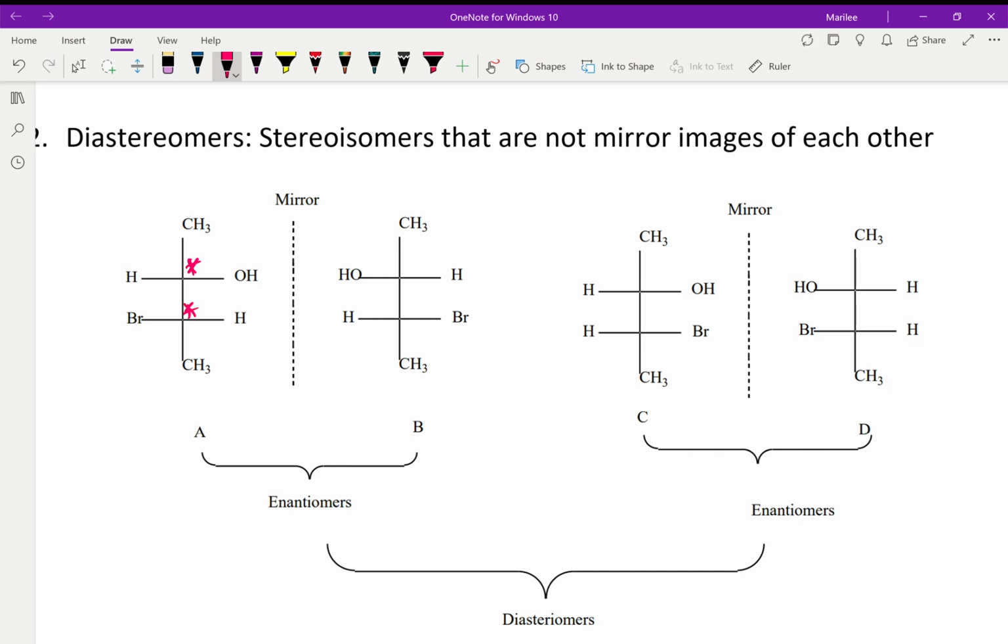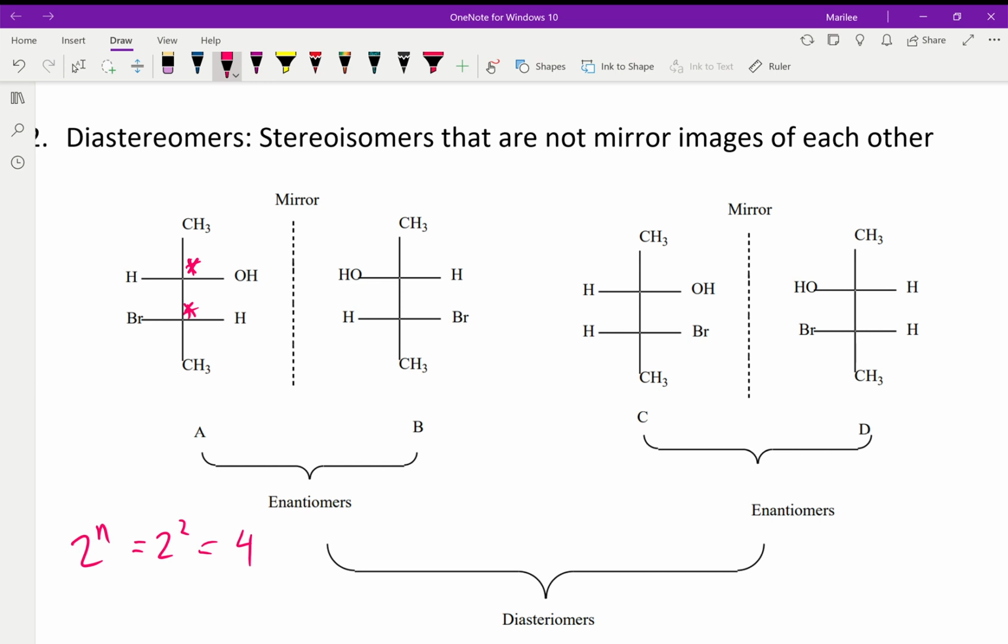If we do our equation 2 to the power of n, which is 2 to the power of 2, that gives us four stereoisomers, right? That's where we get our A, B, C, and D. So we have 4 stereoisomers. That means we can have this molecule in 4 different possible ways.